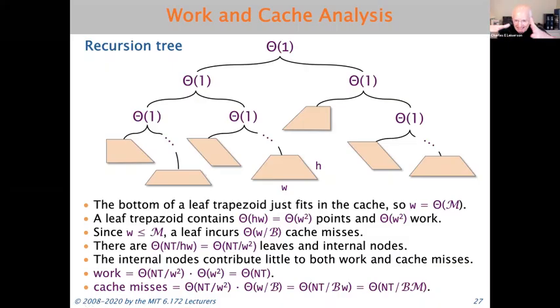Just because we're cutting it down, now it fits into cache, and then we can do essentially M squared work, the cache size squared work, while paying only the cache size divided by B cache misses. So that's huge.